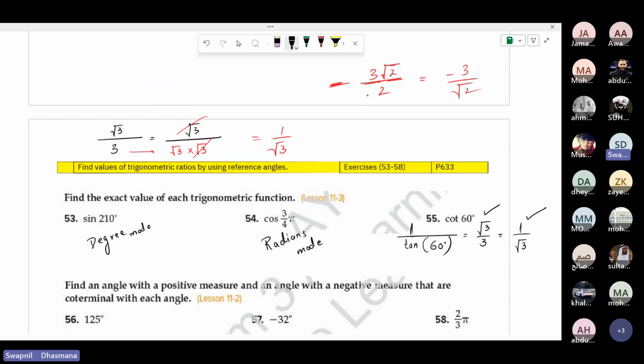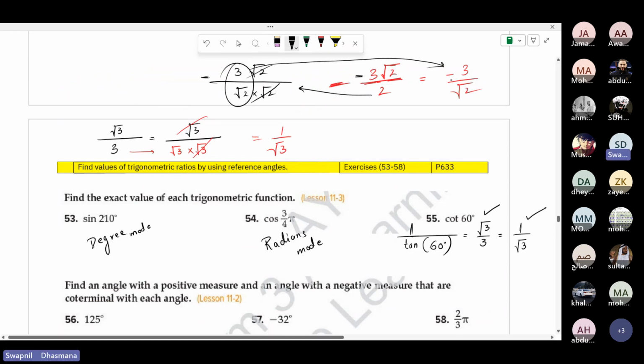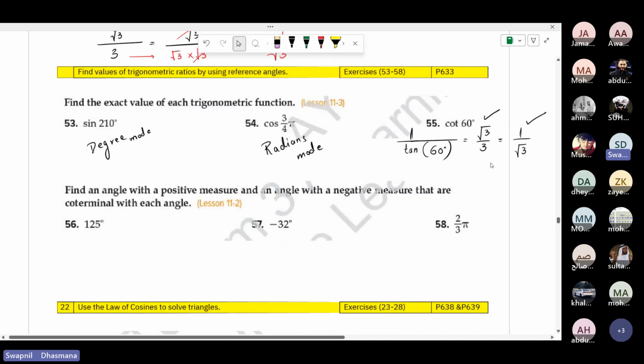No problem, it's the same. Below, you can write root 2. So don't get confused. If you have something like this, you can always write it like this.